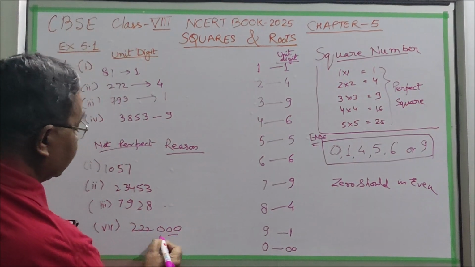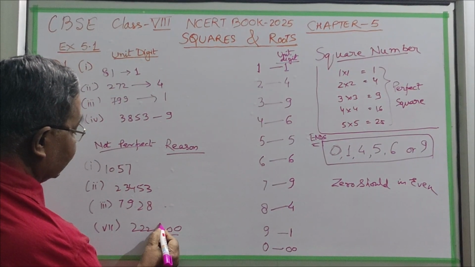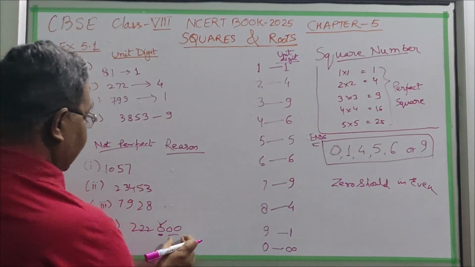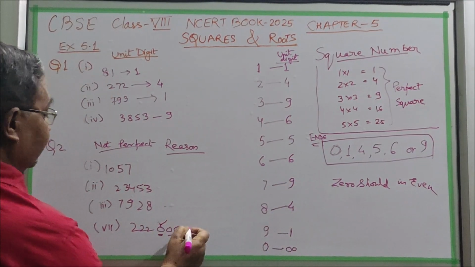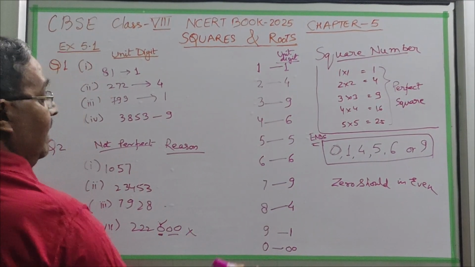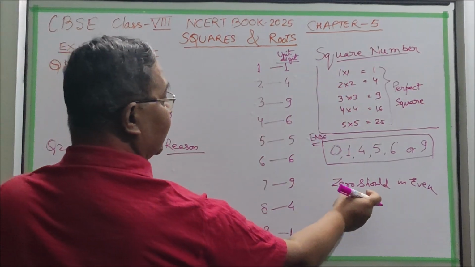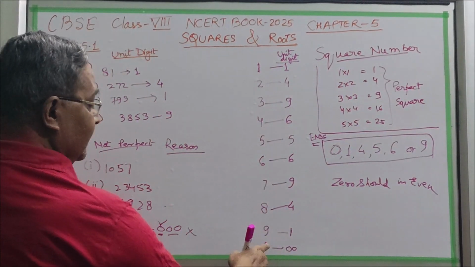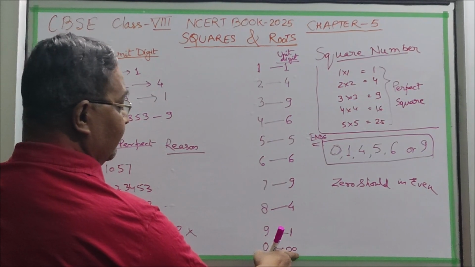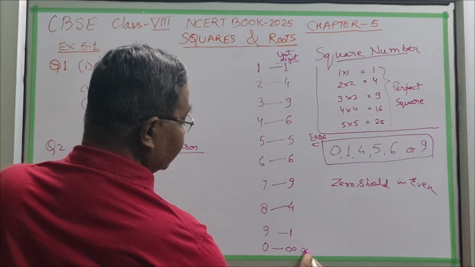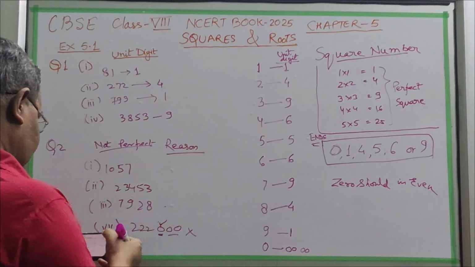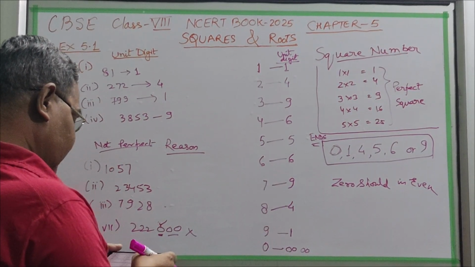Here only 2 zeros is even, while the single zero is not, so that will not be a perfect square, because perfect squares always have an even number of zeros at the end, like 2 zeros or 4 zeros.